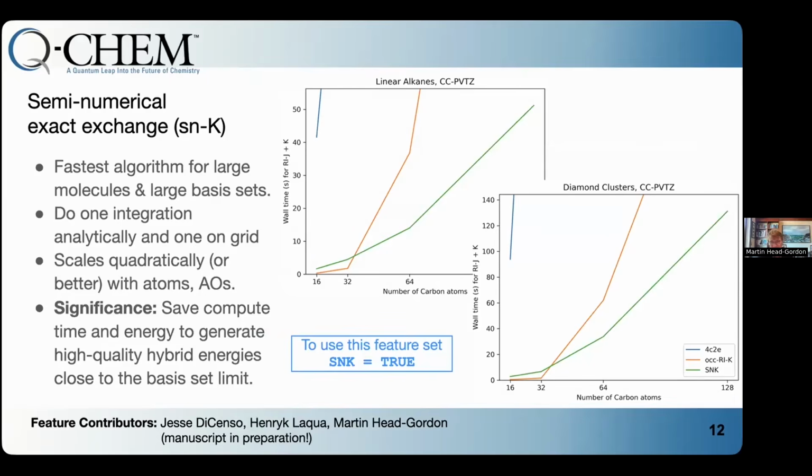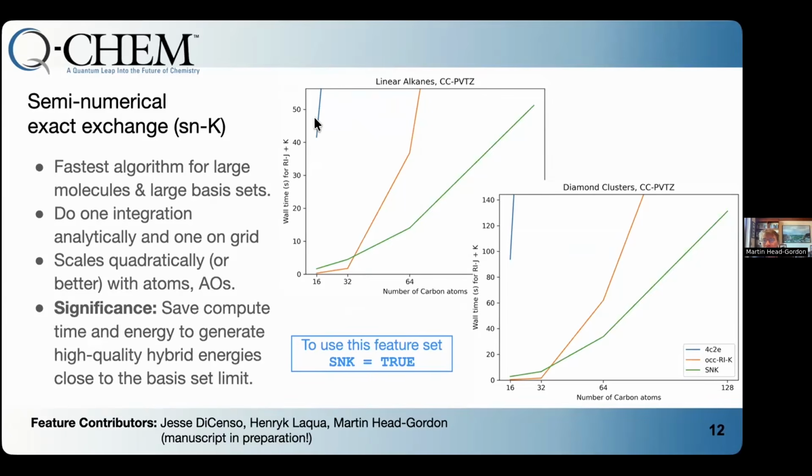And this is work done in my group by Jesse DiCenzo and Henrik Lacroix. And Henrik was responsible for the algorithm development and Jesse for the implementation, and they've been a fantastic team. And what I'm showing you in the plots here is the wall time as a function of the number of carbon atoms for linear alkane chains and then diamond chunks.